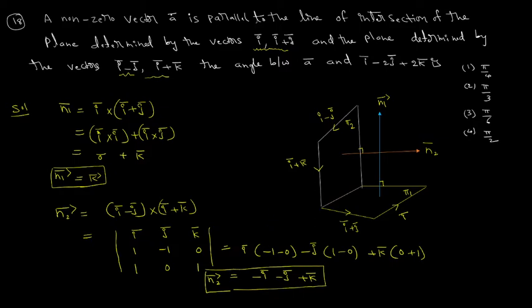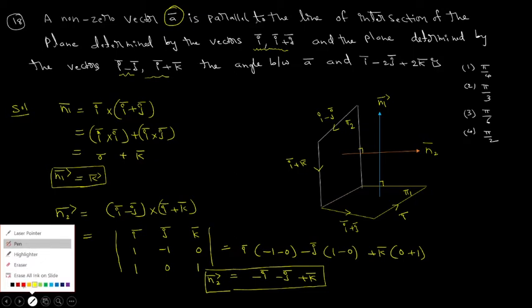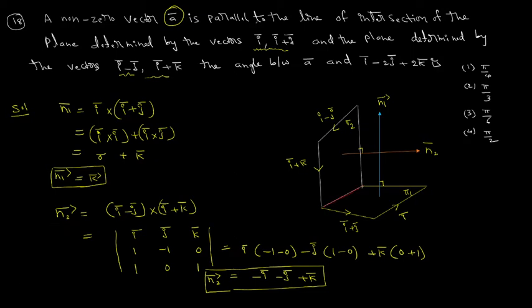Now here actually a bar is required, which is parallel to the line of intersection of the planes pi 1 and pi 2. This line represents the line of intersection of planes pi 1 and pi 2. So what does it represent? According to n1 bar and n2 bar, we can write this vector: n1 bar cross n2 bar.